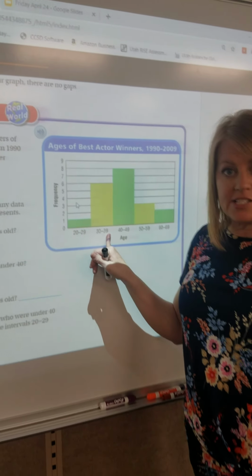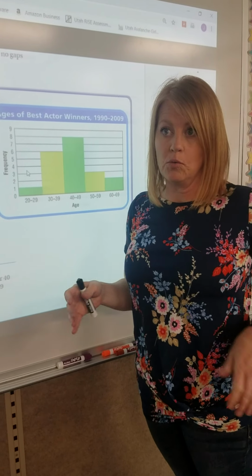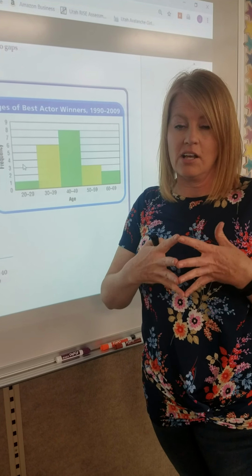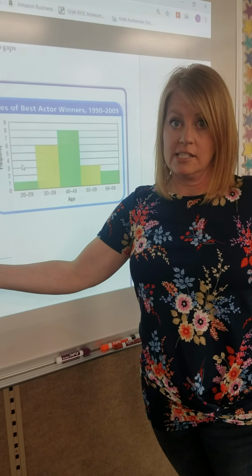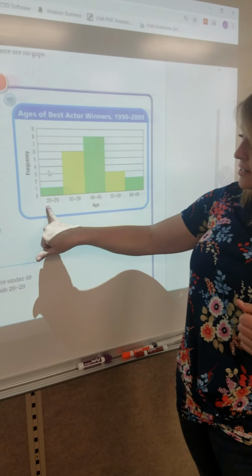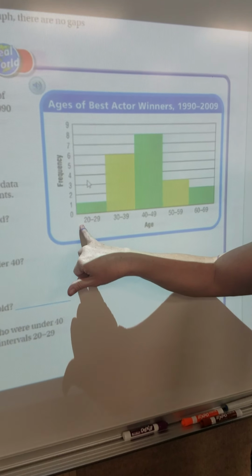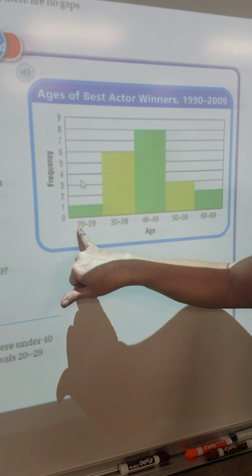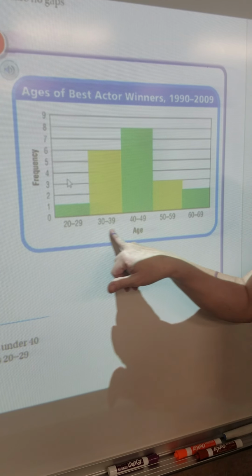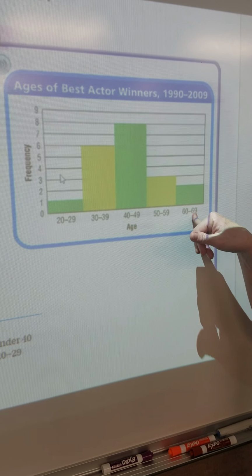And the reason they do is we use a histogram when we have a data set that has a lot of information in it. So for example, in this example, we're talking about the ages of people, and the ages go from 20 clear up here to 69.